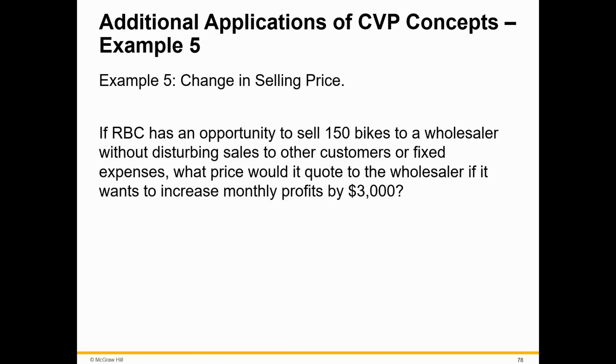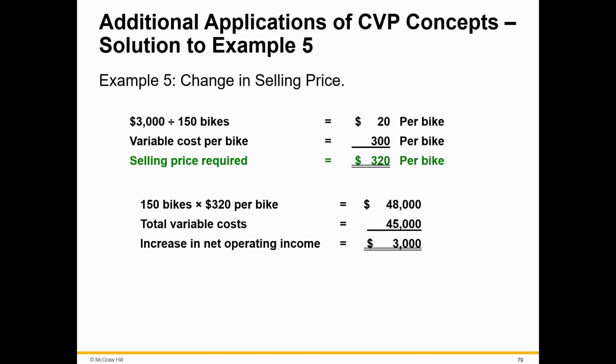And then if we just simply were to change our selling price. So if RBC has an opportunity to sell 150 bikes to a wholesaler without disturbing sales to other customers or fixed expenses, then what price would it quote to the wholesaler if it wanted to increase monthly profits by 3,000?